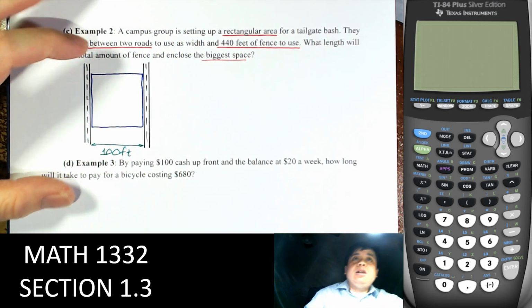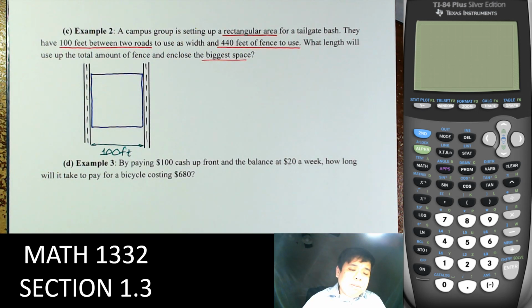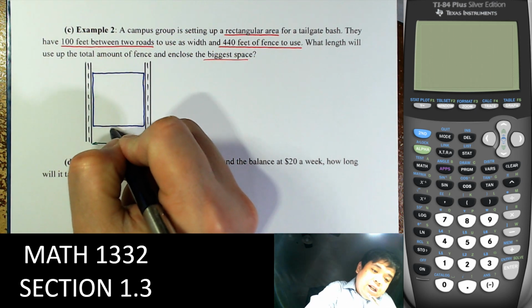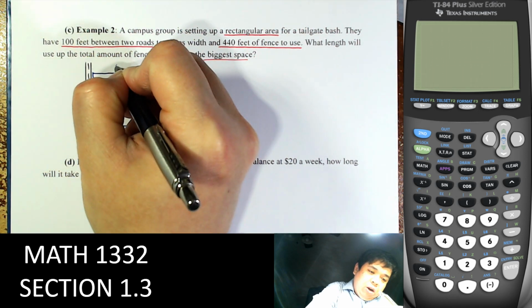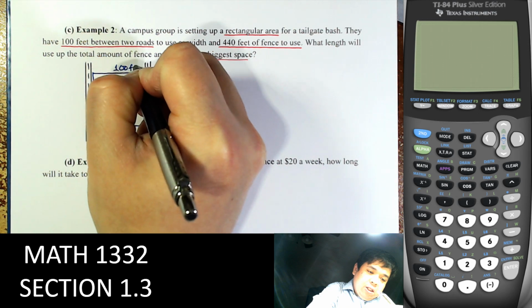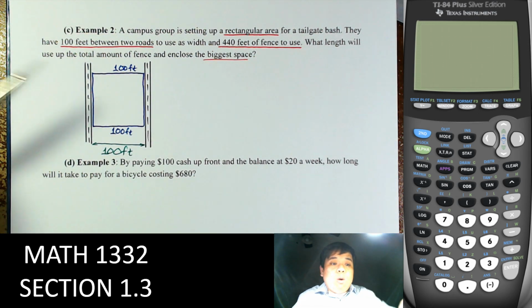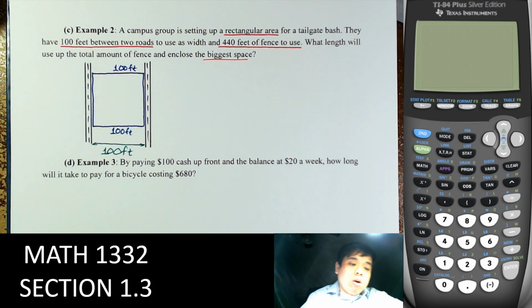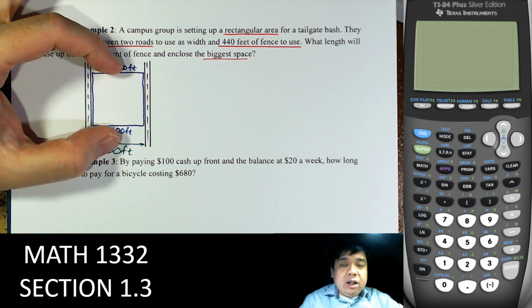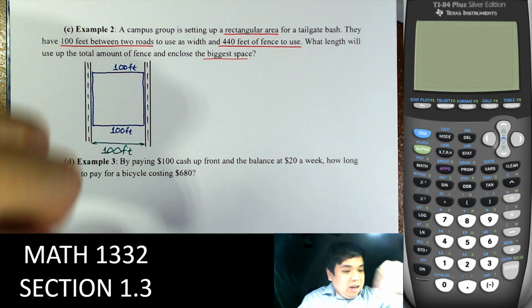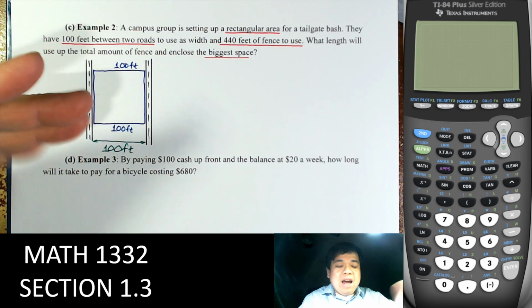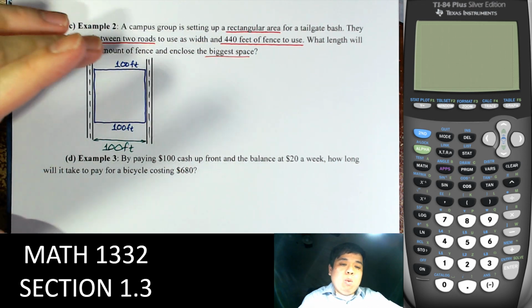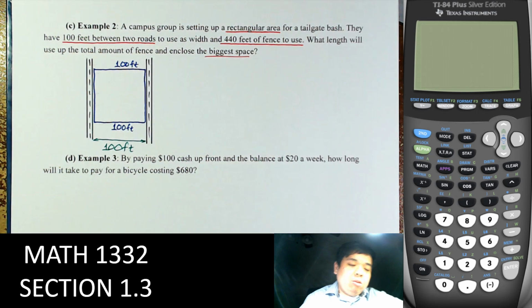Like that. So in that case, this will be 100 feet and 100 feet. And we have 440 total. Subtract those 200. That leaves us 240 feet for the sides. Cut that in half, and we have 100 by 120.